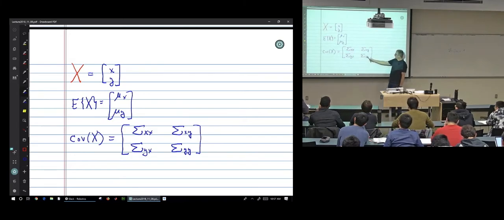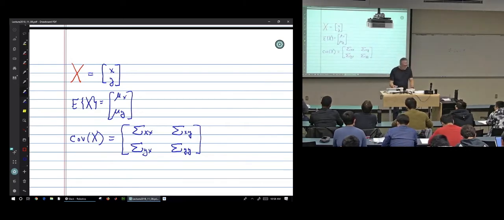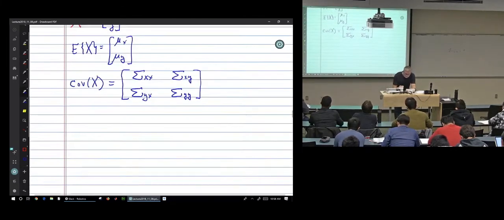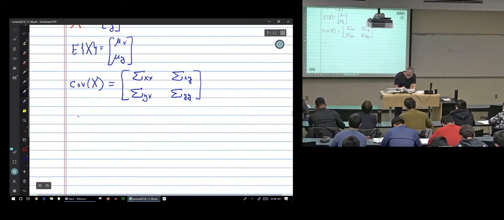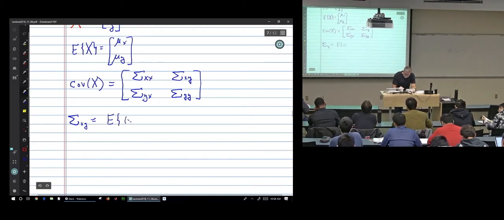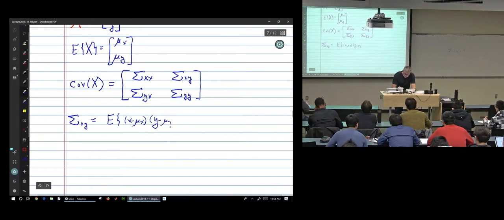We just computed this, so we need to do this. Let's have a little bit more practice with covariance type calculations, okay? Sigma xy equals the expected value of x minus mu x times y minus mu y transpose.